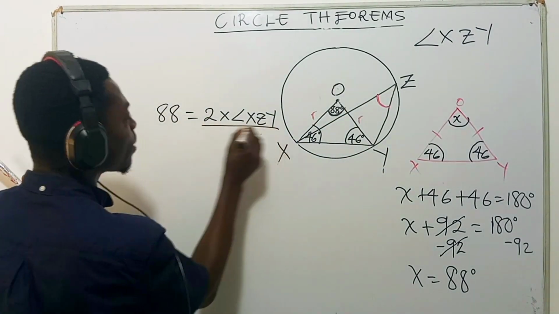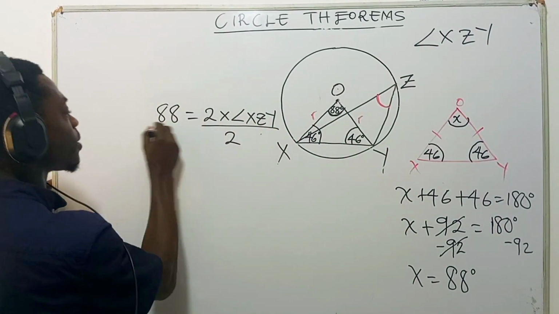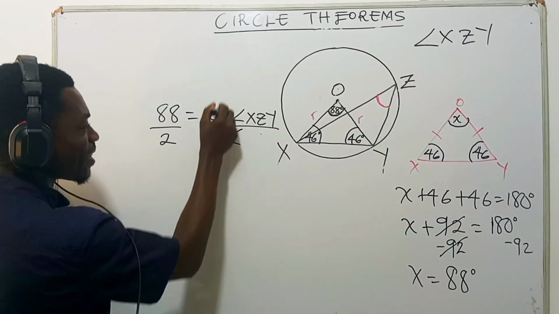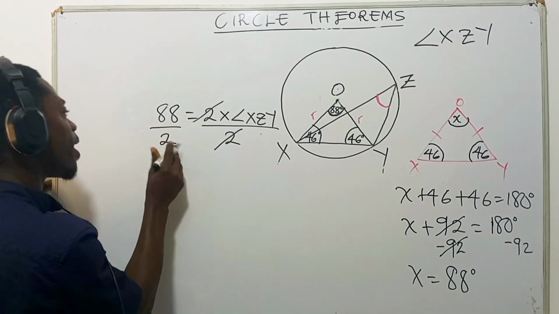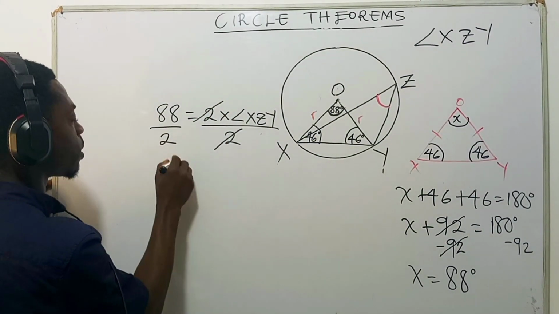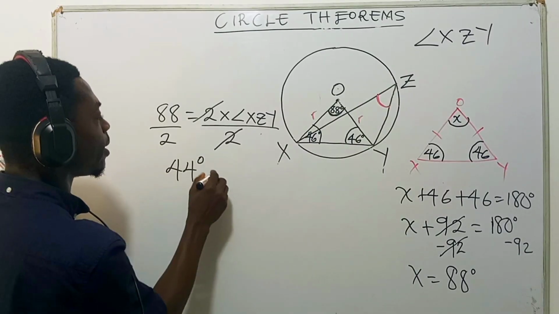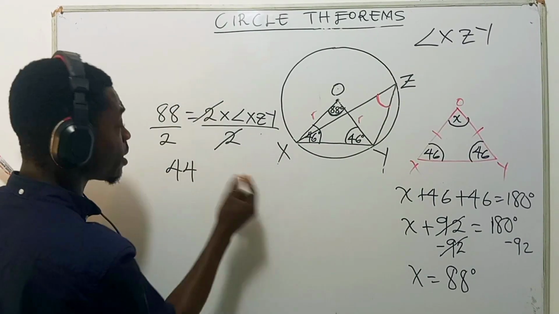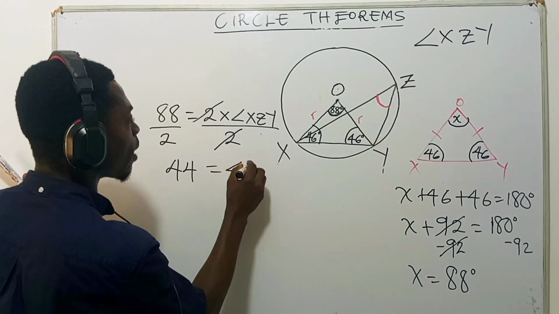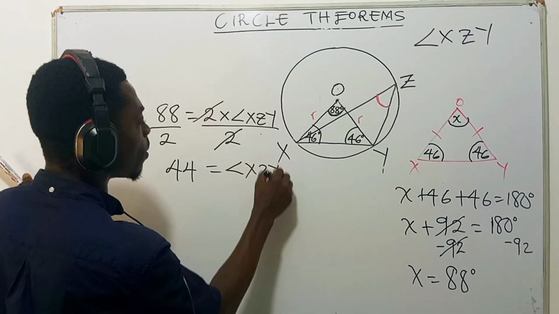And the next thing is to get rid of these 2 by dividing both sides by 2, so that this and this will go. Then we are left with 88 divided by 2, which is 44 degrees. Of course, you can forget about the degrees if you want. At the moment, then we have angle XZY.